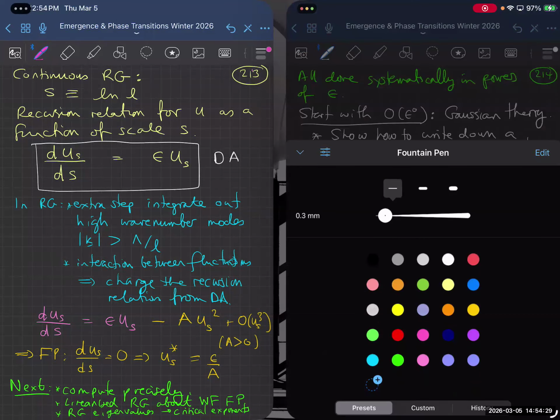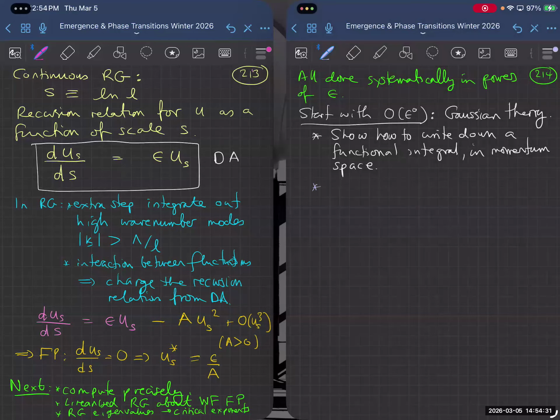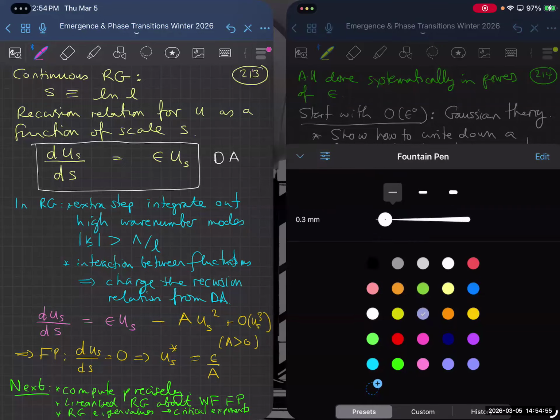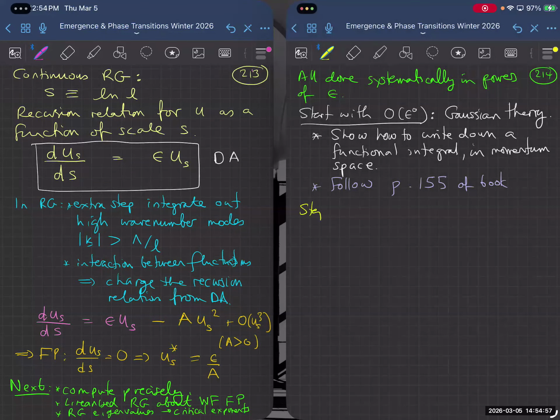What we're going to follow is the discussion roughly around page 155 of my book, which is the definition of Fourier components. So I'm going to quickly go through that, and then we're going to write down the Gaussian model in Fourier space. So let's get started then with step 1.